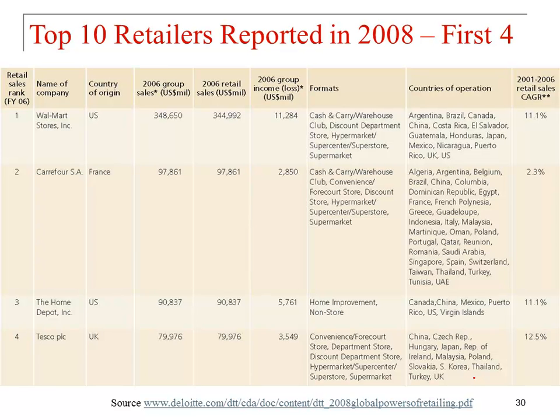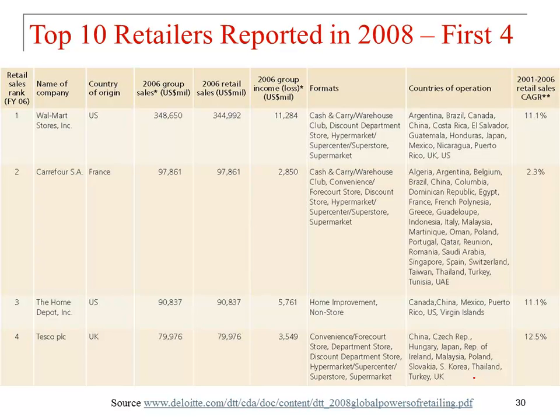The top 10 retailers in 2008. I think I mentioned this before, the first was Walmart. Here we have some extra information about that particular retailer: the countries of operations and the format. They manage cash and carry warehouse, club, discount department, and so on.